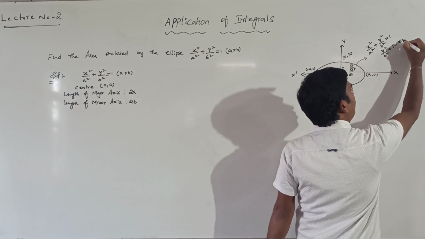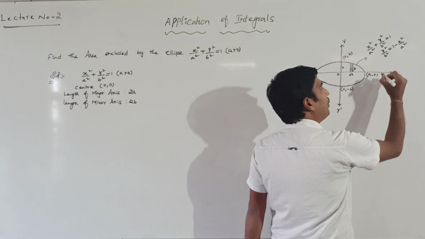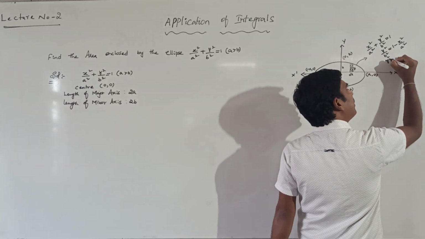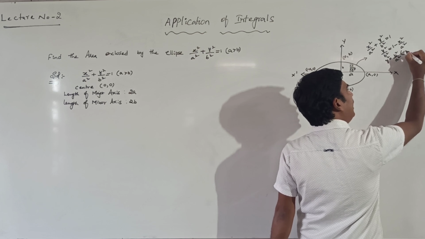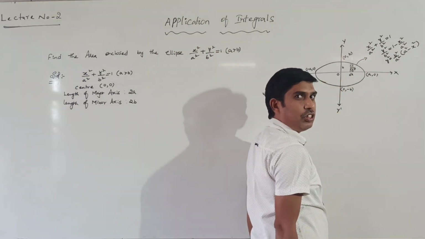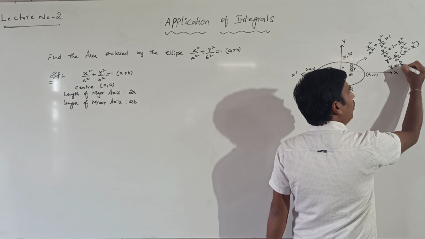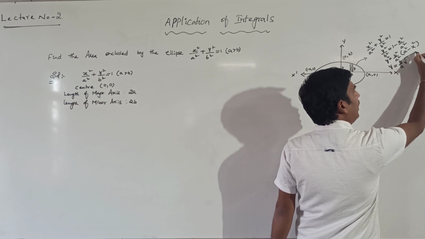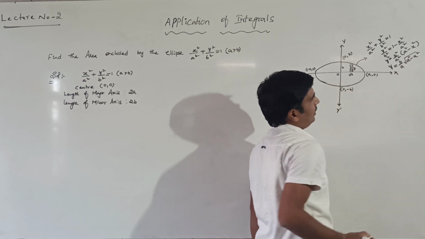Nothing but 1 minus x square by a square. From here y square will get b square by a square into a square minus x square. If you simplify, we will get like that. Finally y is equal to, what will we get? Nothing but b by a root over a square minus x square.